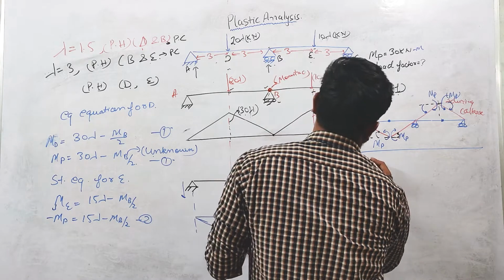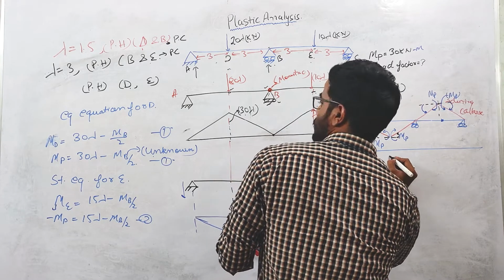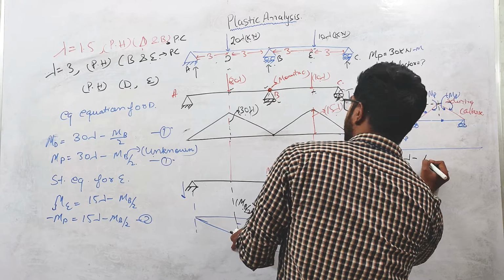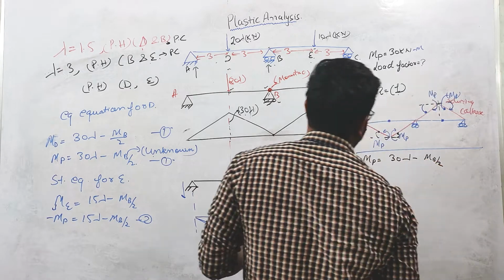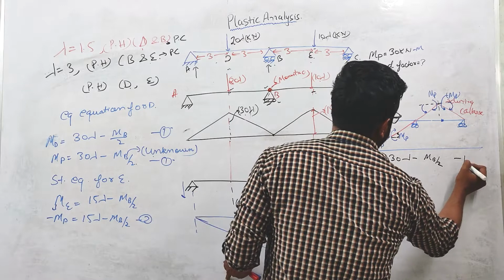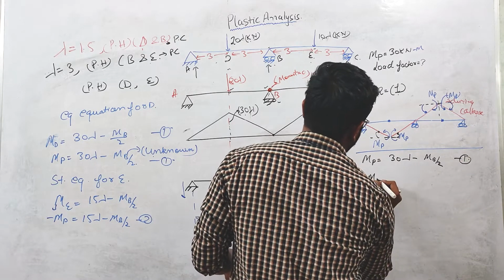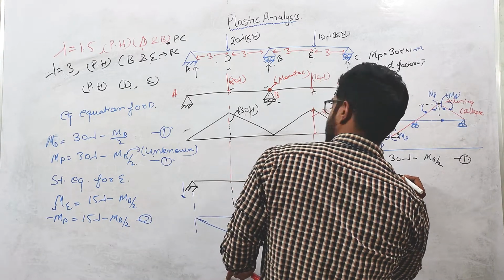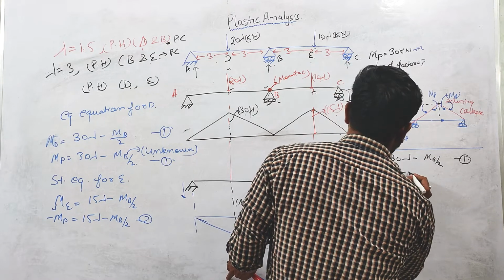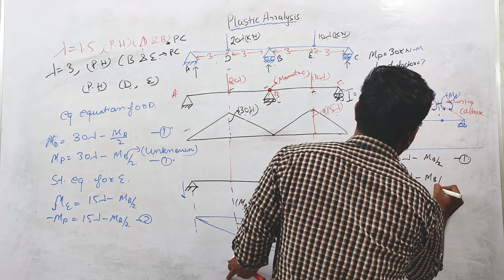First equation is MP equals 30 lambda minus MB by 2. Right, this is our first equation. Second equation is minus MP equals 15 lambda minus MB by 2.